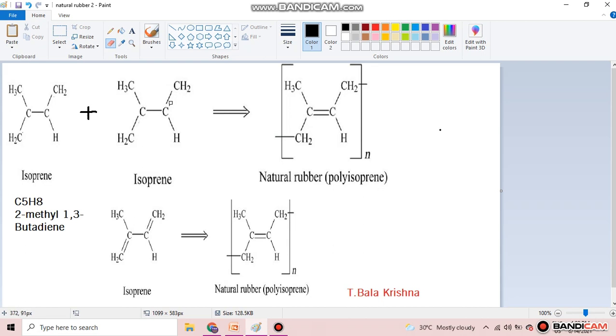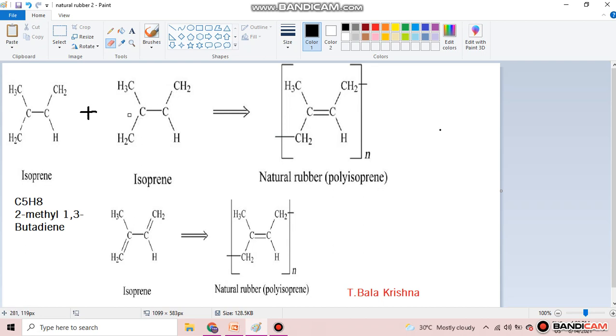Before, in the diagram, it had 4 double bonds. These 4 double bonds are converted into single bonds.